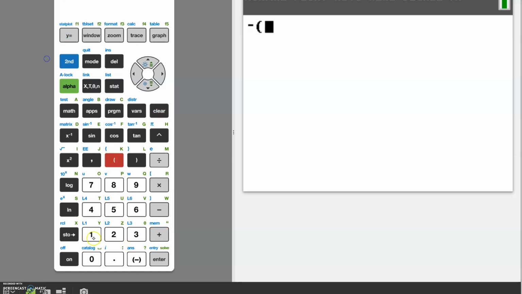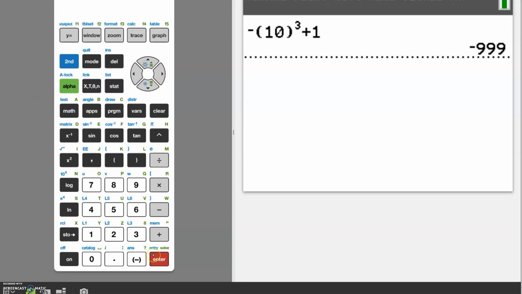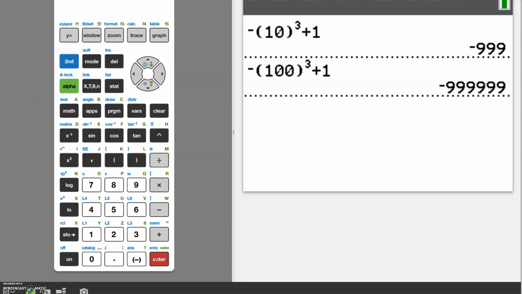Negative out front, positive 10, cube it, and add 1. I get a pretty big negative number. What happens when I put in 100? And I'm going to cube it and then add 1. Even bigger negative, right?